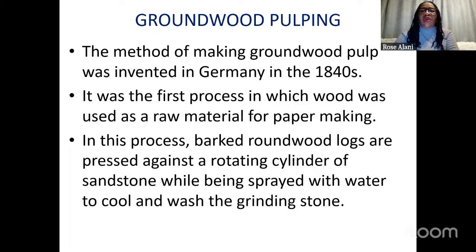Of course, in that one, you cannot use ground wood pulp. But when ground wood pulp was invented in Germany in the 1840s, it was wood that was first used as raw material for paper making.